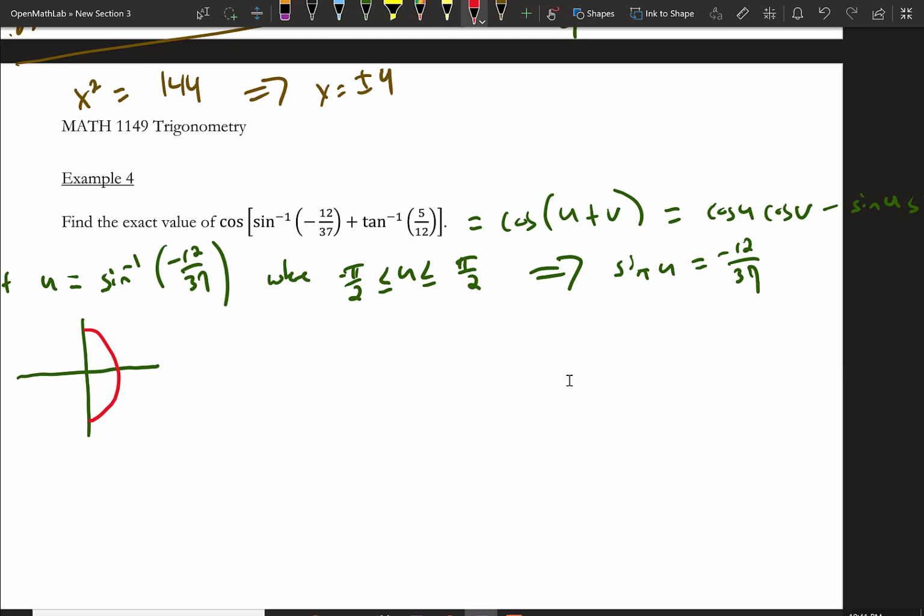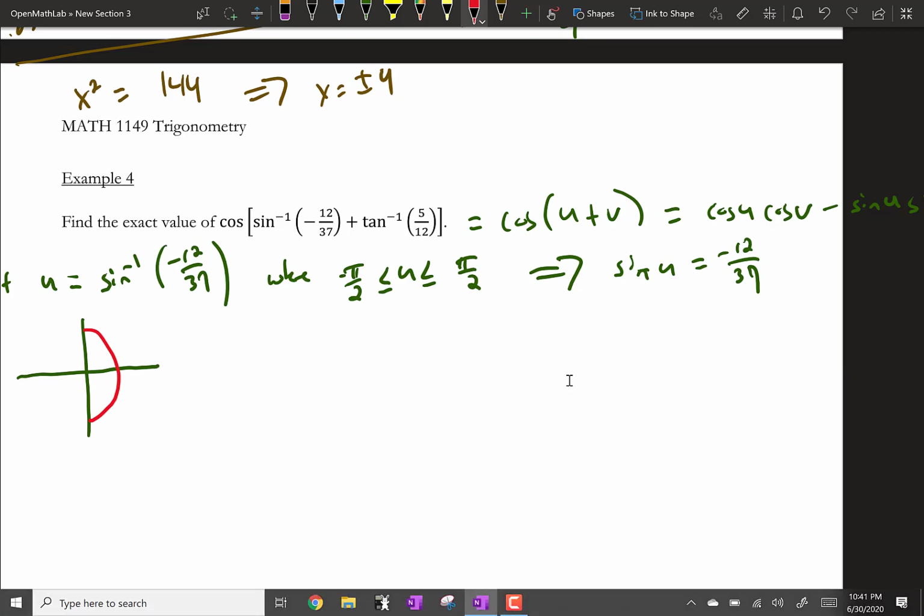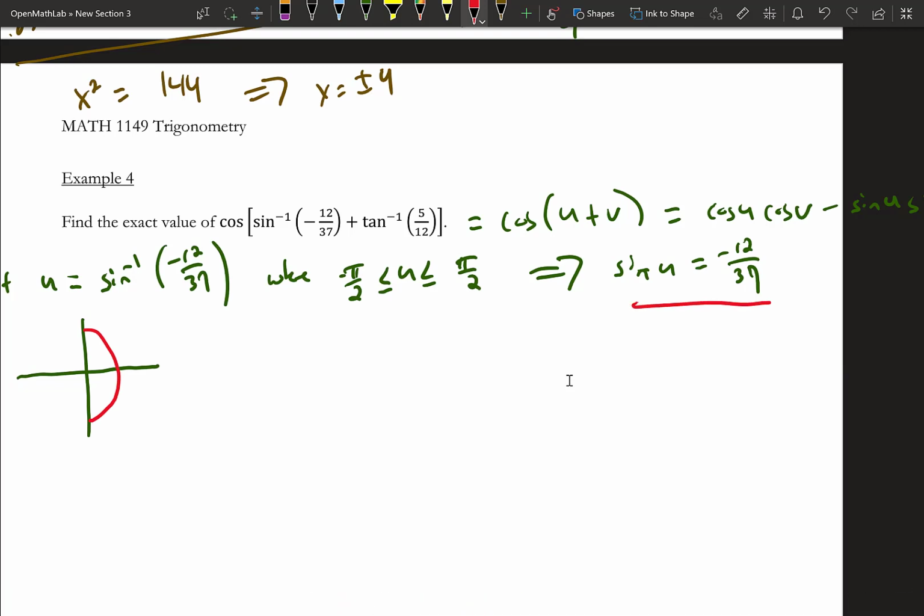So we're in the first and fourth quadrant. Sine u is negative, so that means I'm going to be down here somewhere, right? So then, the y value is going to be negative 12, and the radius could be 37, right? Because this is equal to y over r. So I need to figure out this x value, right?